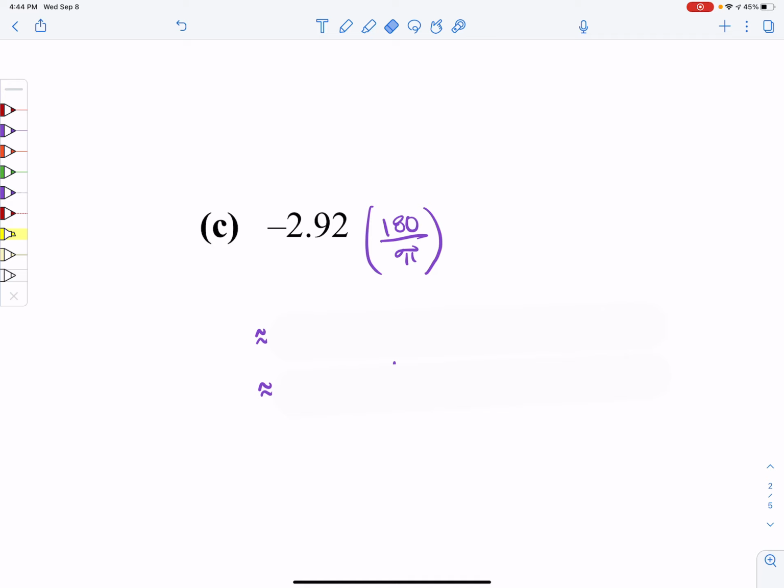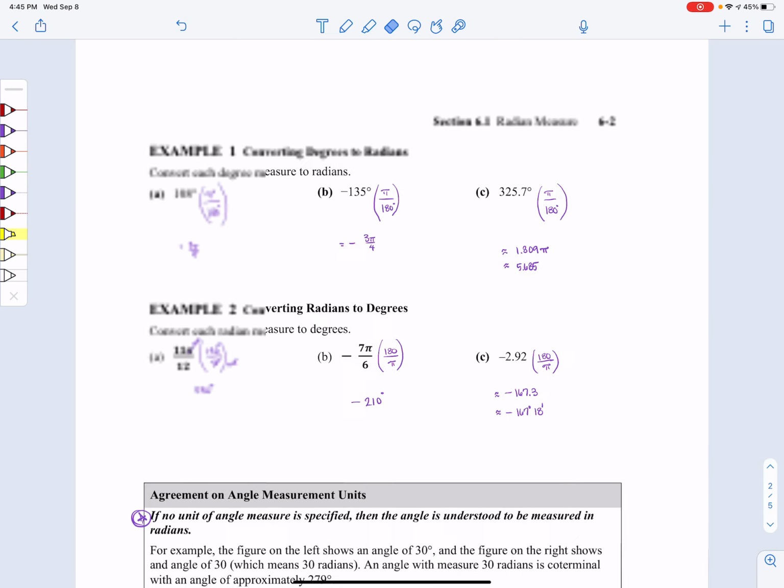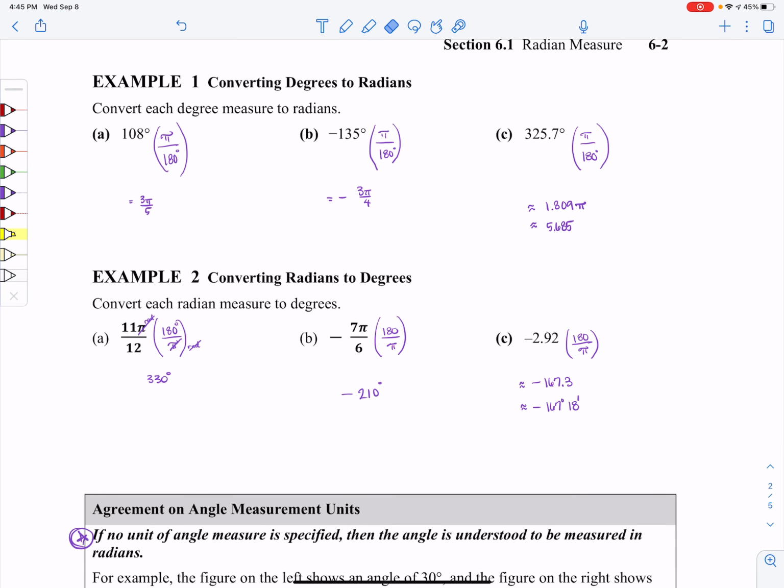So this is one that I'll plug into the calculator. If I plug in negative 2.92 times 180 divided by pi, I'll get negative 167.3. You may want to turn this into degrees and minutes, or degrees, minutes, and seconds, depending on what the directions say. And you know how to do that conversion on your calculator according to what we learned in section 5.1.